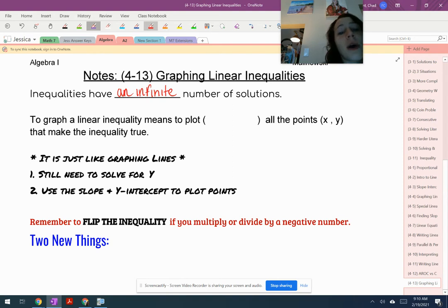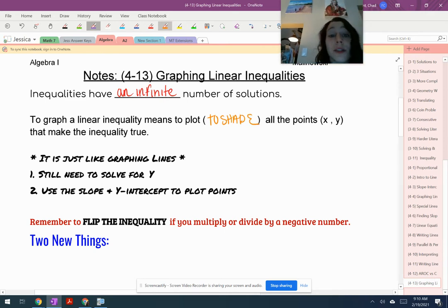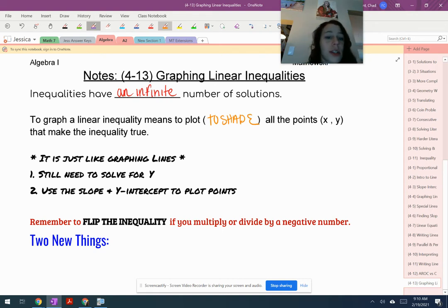To graph a linear inequality means to plot, or in our case, to shade all of the points x comma y that make that inequality true. So that means there's an infinite number of points that you would need to plot to make the inequality true, which is kind of impossible. So we're going to look at how we're going to do that.